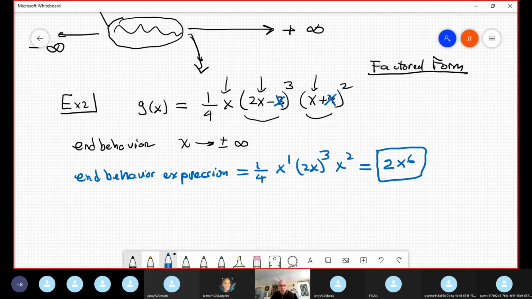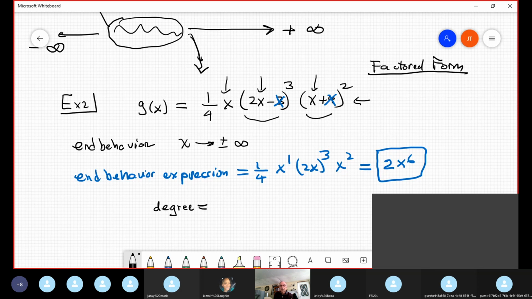Okay, so I have a question now. What is the degree of this polynomial? In your opinion, what is the degree of this polynomial? 3? No, not 3.